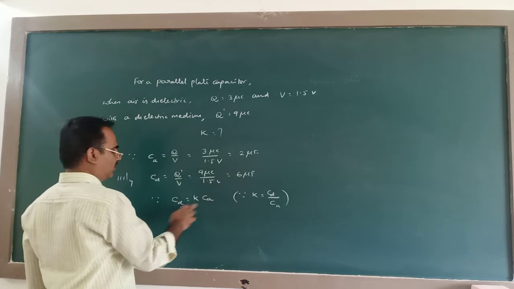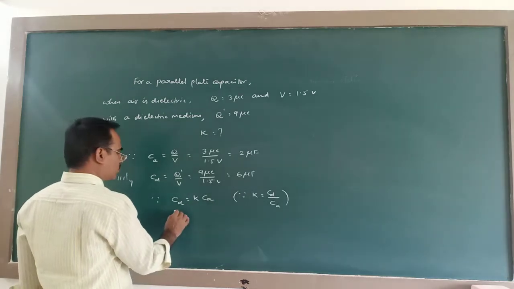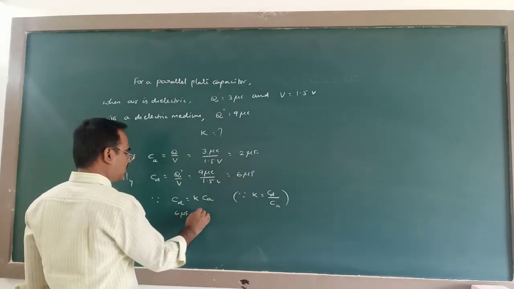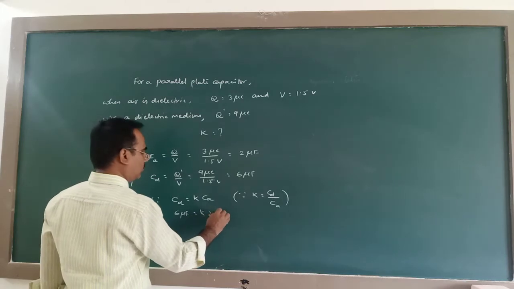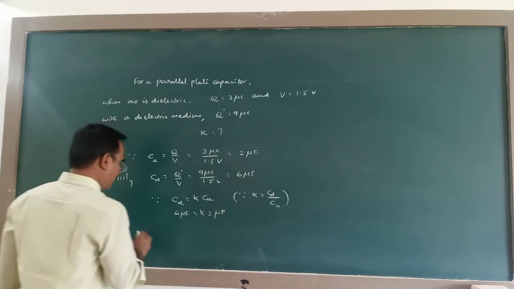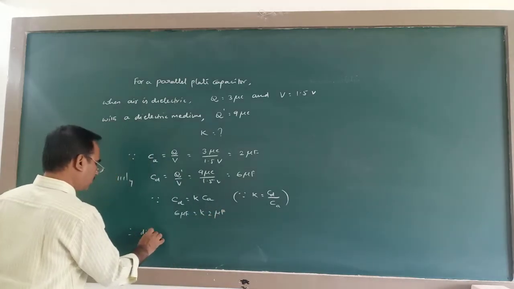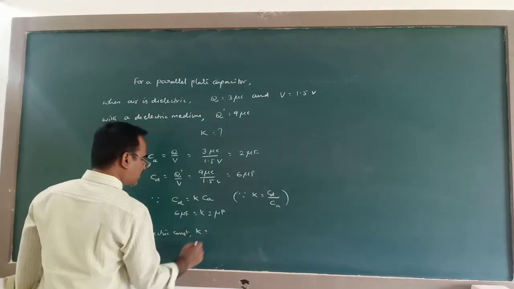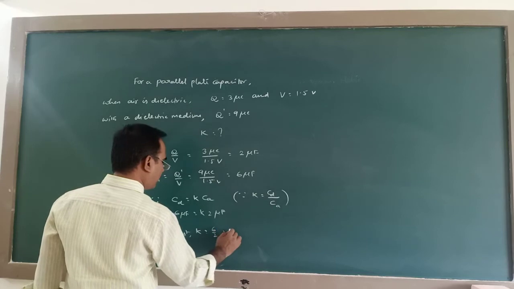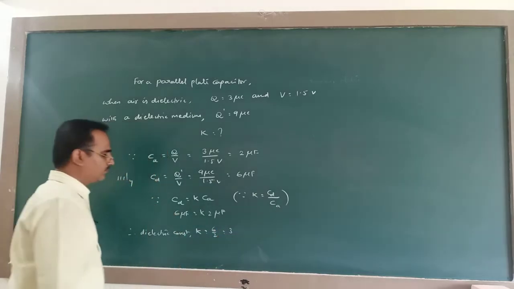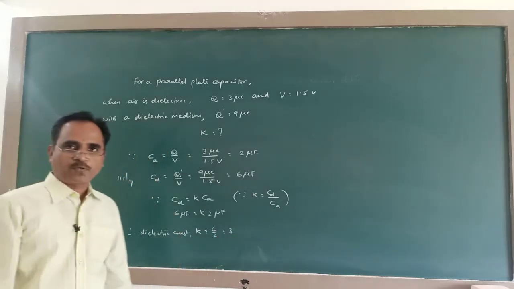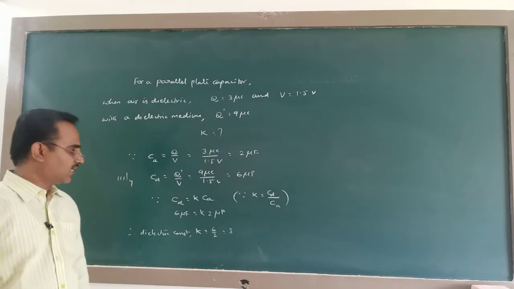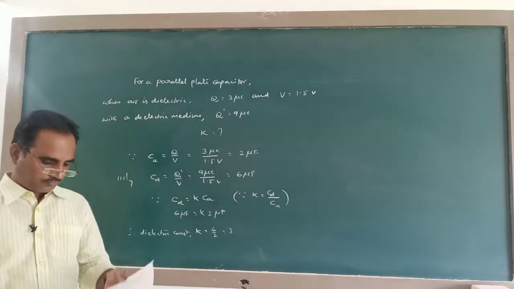Because of this relation, 6 microfarad is equal to K into 2 microfarad. Therefore, dielectric constant K is equal to 6 divided by 2, which is equal to 3. You are asked to calculate the dielectric constant, it comes to be 3.